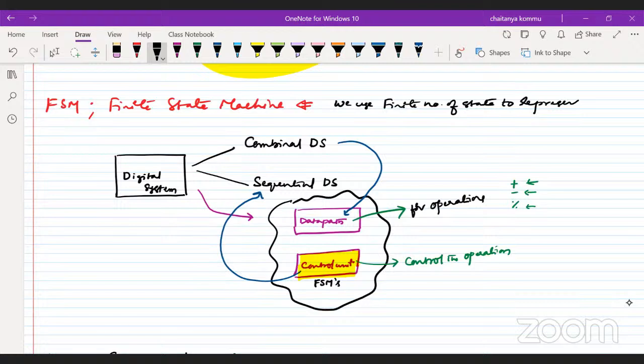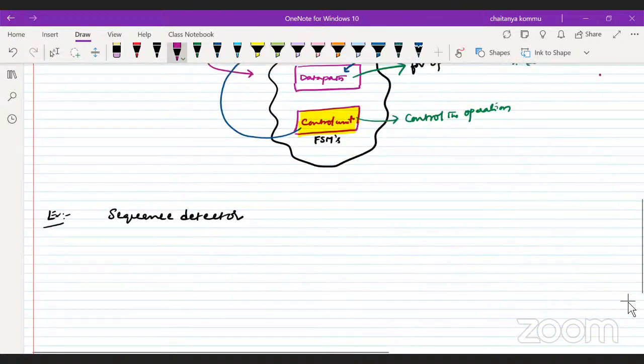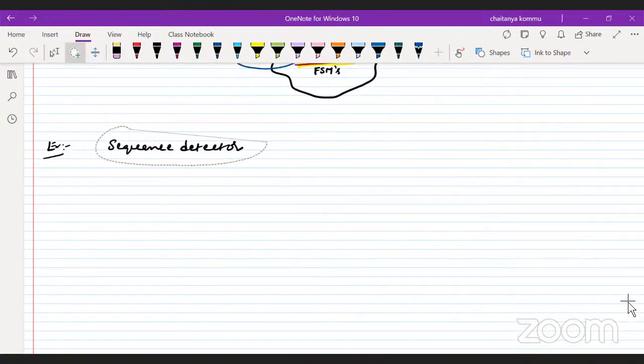So this is what actually the meaning of finite state machine. Let us consider a digital system, that too a sequential circuit. How is this digital system represented by a finite number of states?